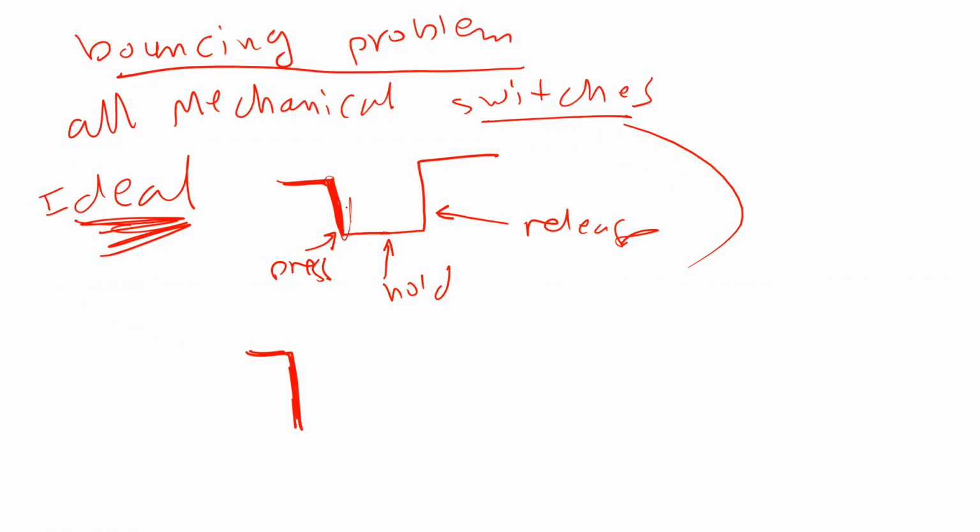There should be some bouncing, because you have a spring and other mechanical parts. Bouncing means connect, disconnect, connect, disconnect. This is what happens in reality, so it makes some bouncing here before it becomes 0. That's what we call bouncing.